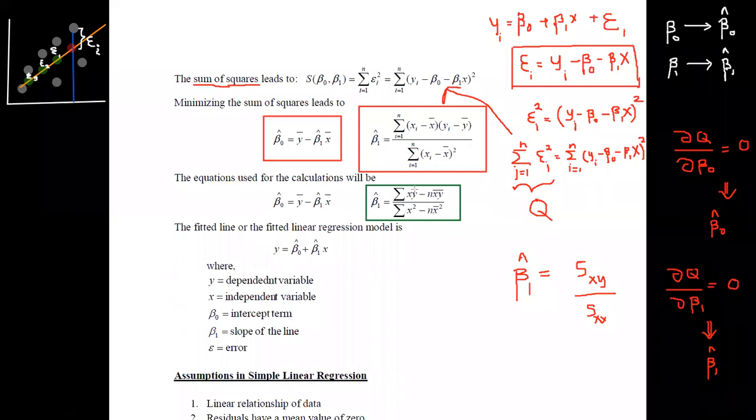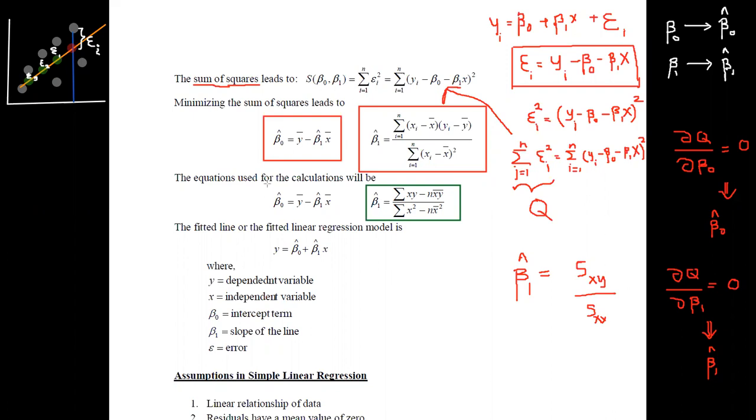Here we take the summation of xy, and the summation of x squared, and this quantity has to be subtracted from the summation quantity.